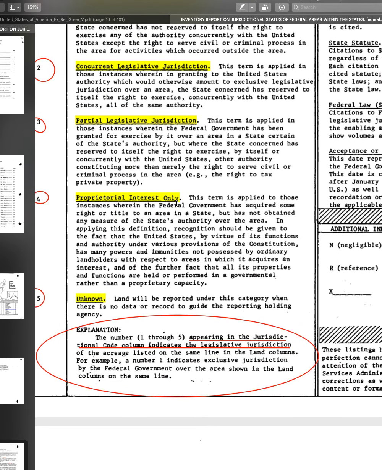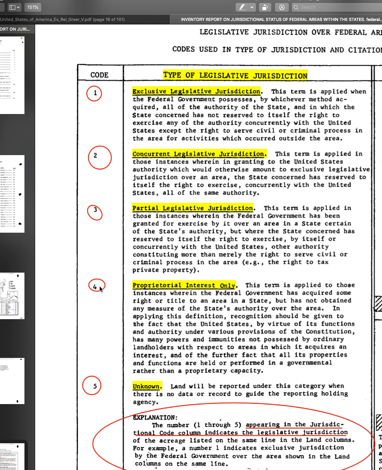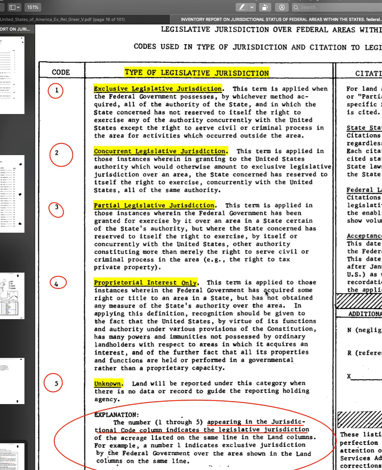Proprietorial interest only. Now this is under Code 4. So if you see something that says Code 4 for jurisdiction, it's proprietorial. This term is applied to those instances wherein the federal government has acquired some right or title to an area in a state, but has not obtained any measure of the state's authority over the area, meaning it belongs to the state.